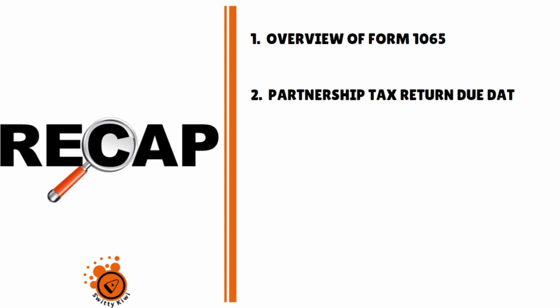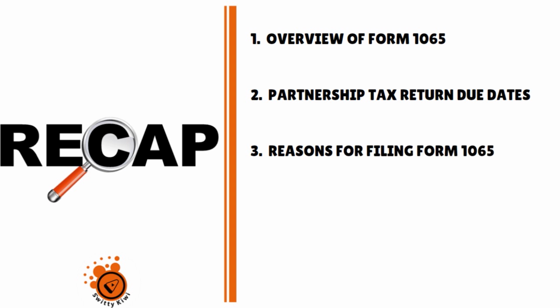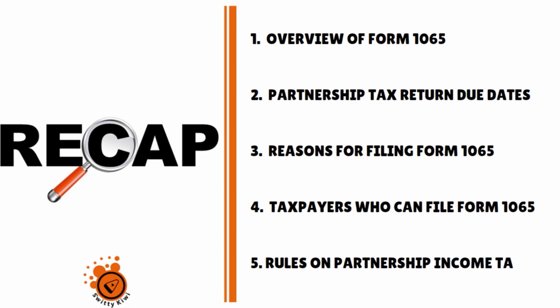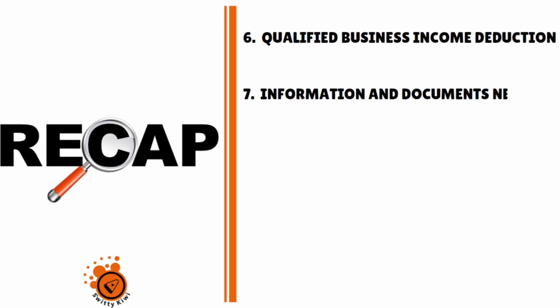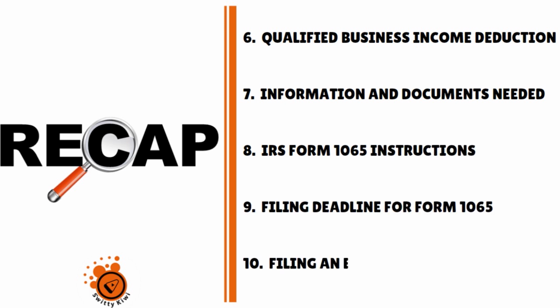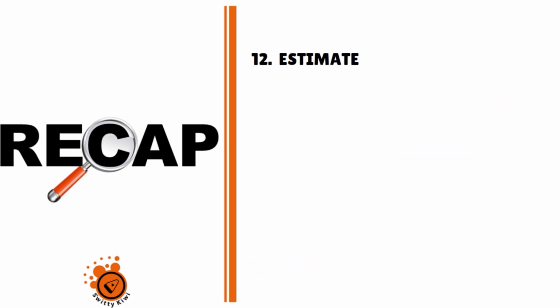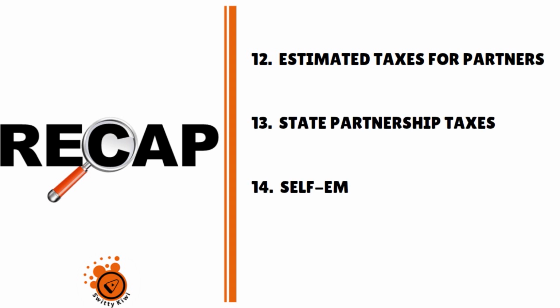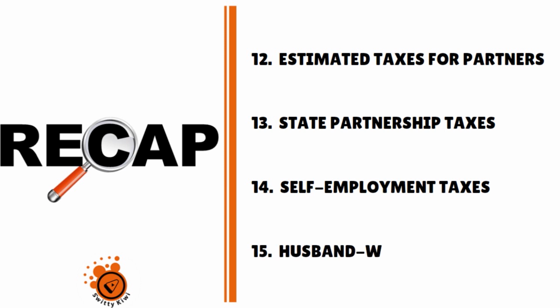I gave you an idea of the tax return due dates, the reason for filing Form 1065, the kind of taxpayers who can file Form 1065, and important rules on partnership income taxes, qualified business income deduction, information and documents needed for partnership tax return, IRS Form 1065 instructions, filing deadline, filing an extension, filing an amended partnership tax return, estimated taxes for partners in partnerships, state partnership taxes, and self-employment taxes, and husband-wife partnerships as qualified joint ventures.